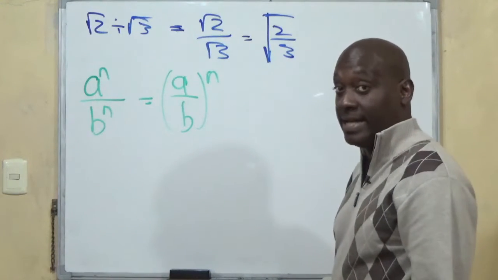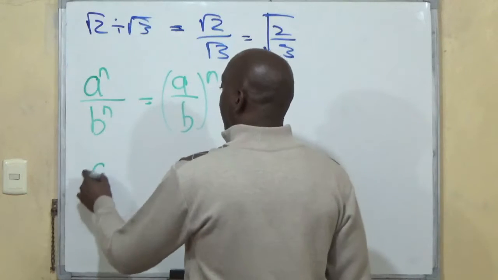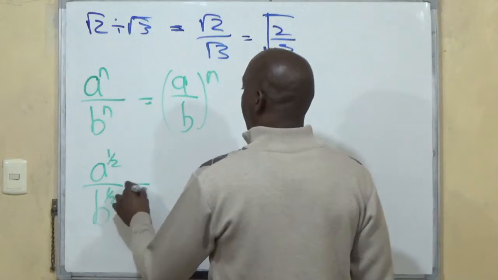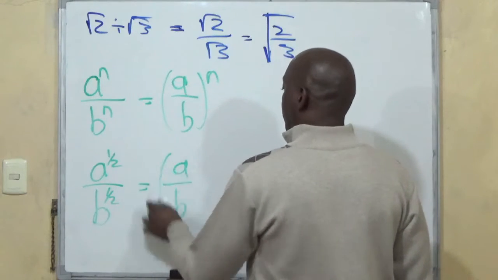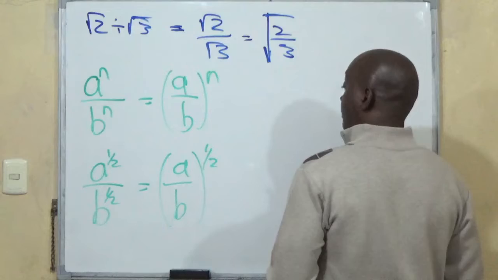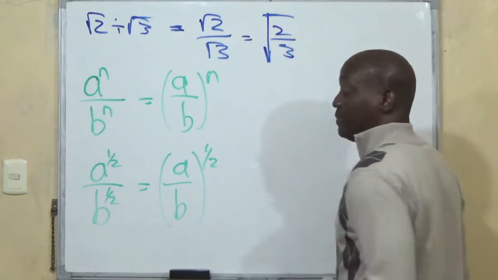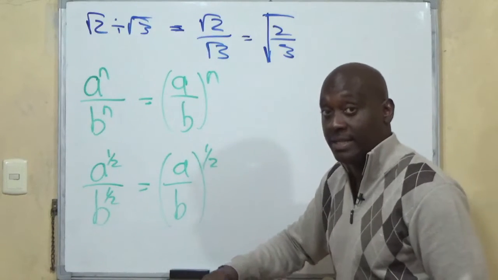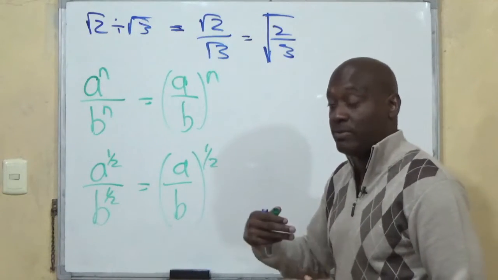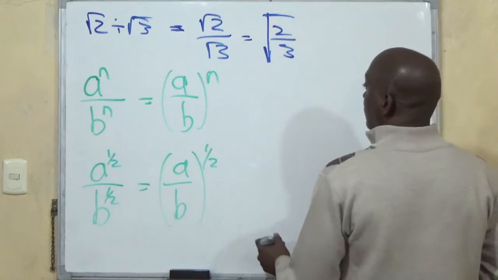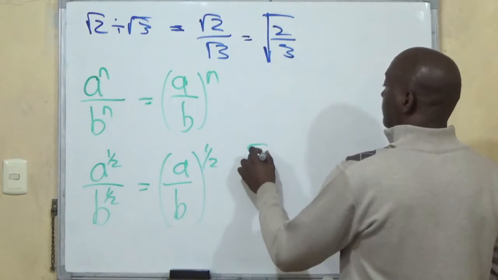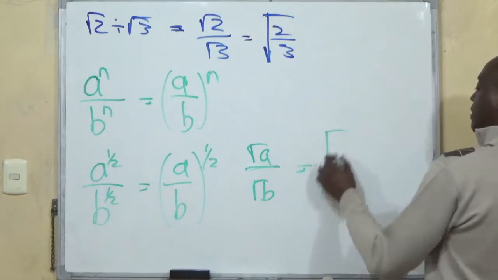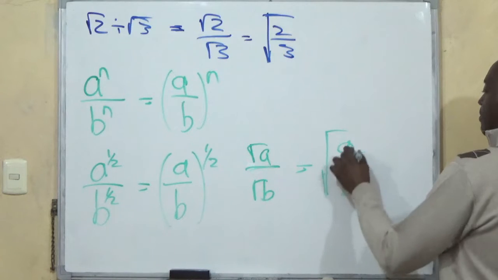If you make n equal to a half, you have a to the power of a half over b to the power of a half equals a over b to the power of a half. And as we did before, if you substitute the half index with the square root sign, that evolves to root a over root b being equal to the root of a over b.